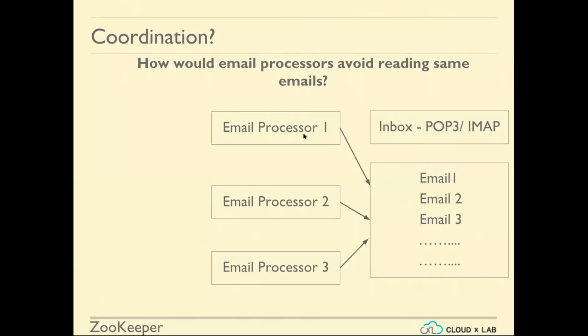Let's say email processor 1 has started reading it and marked it as read. What will happen is email processor 2 will skip it. But if email processor 1 dies while processing email 1, then that email 1 is marked as read and it will never be processed again. Correct?